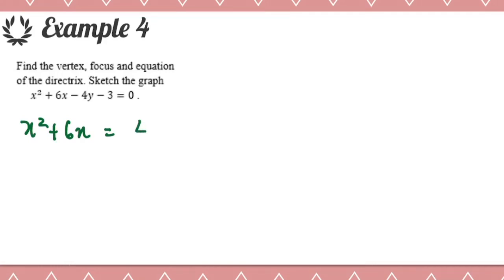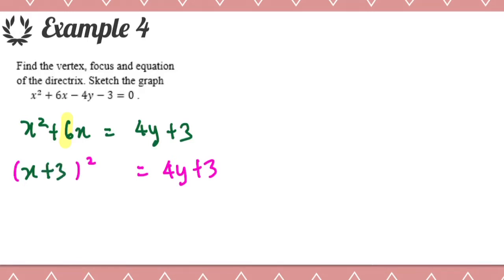So x squared plus 6x equal to, bring 4y plus 3 to the other side. Let's complete the square for this x and rewrite again for y plus 3. Complete the square for x squared, so square root the first, then divide the coefficient of x by 2, so it is plus 3.